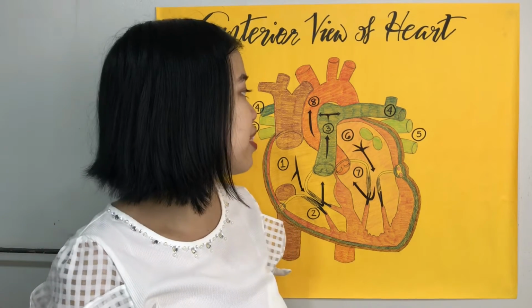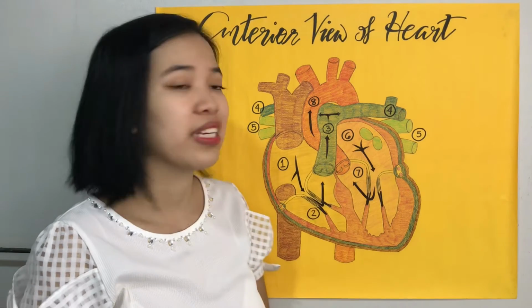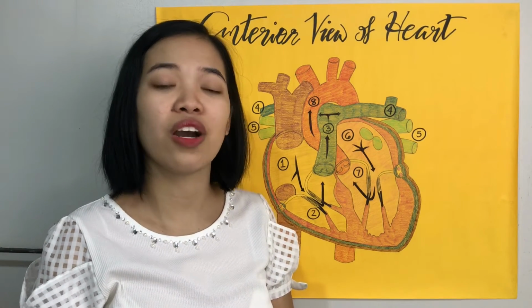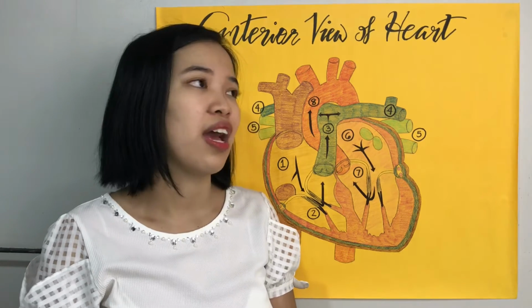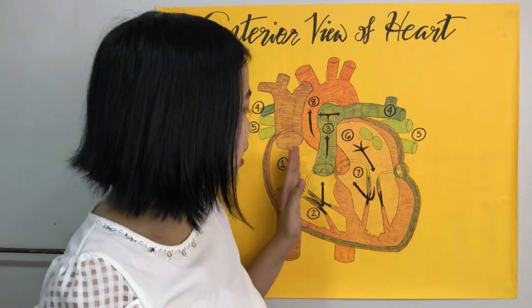As I discussed earlier, the aorta gives blood to other branches of arteries, and this includes the coronary arteries, which are responsible for the blood supply of the heart. We have two great coronary arteries, the right coronary artery and the left coronary artery. These two great coronary arteries have branches.